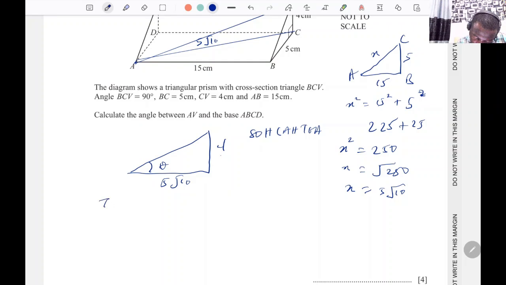Tan theta is equal to opposite, which is 4 over 5 root 10. 4 divided by 5 root 10 will give us 0.2529 for tan theta.